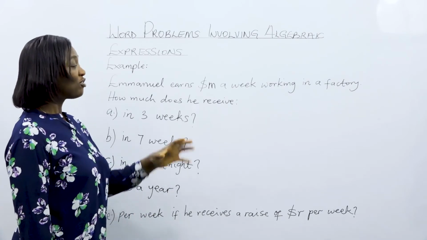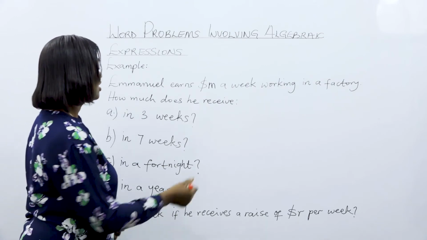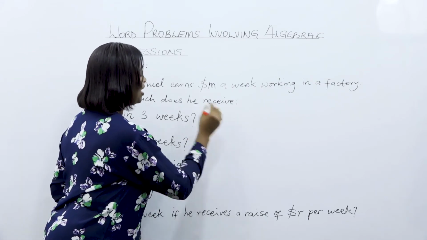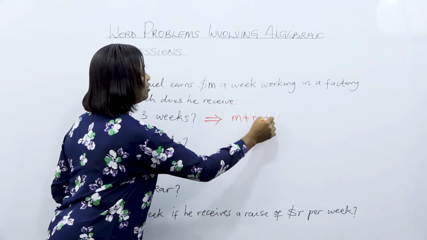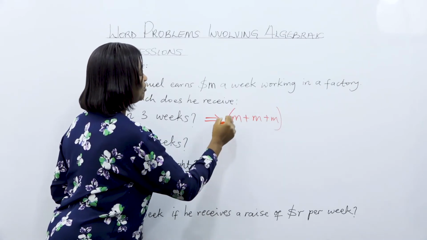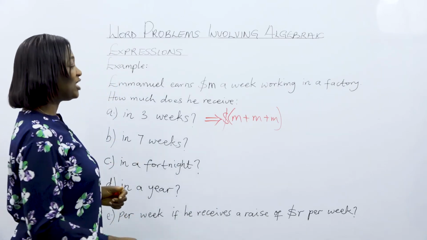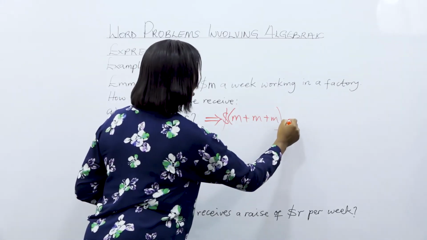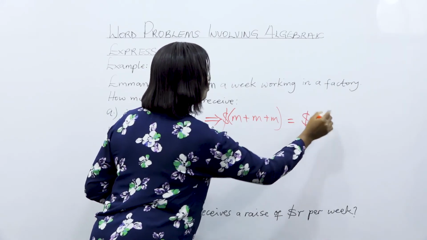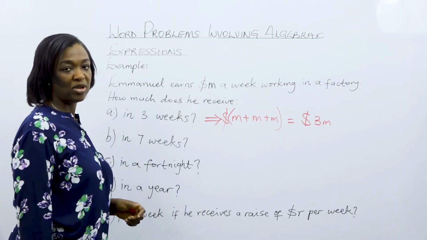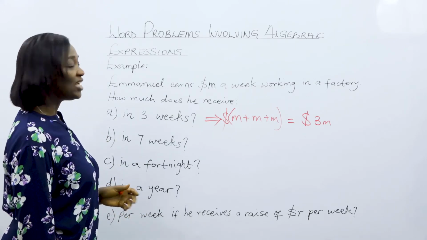So for 3 weeks of work, how much would he earn? M plus M plus M. That will be the total amount he would earn in 3 weeks. And that's the same as $3M in 3 weeks.